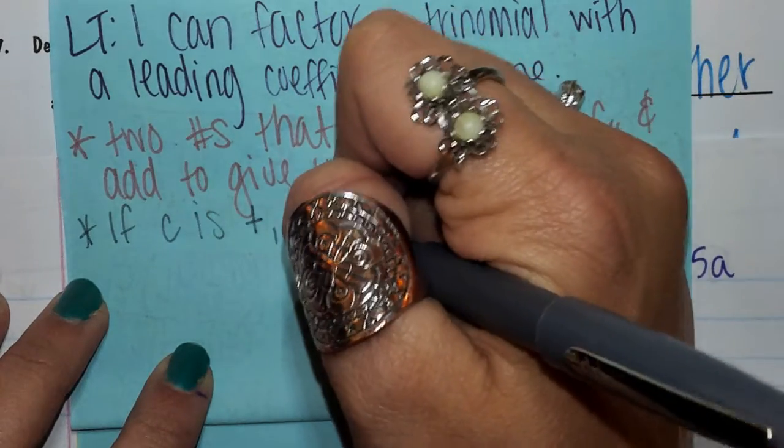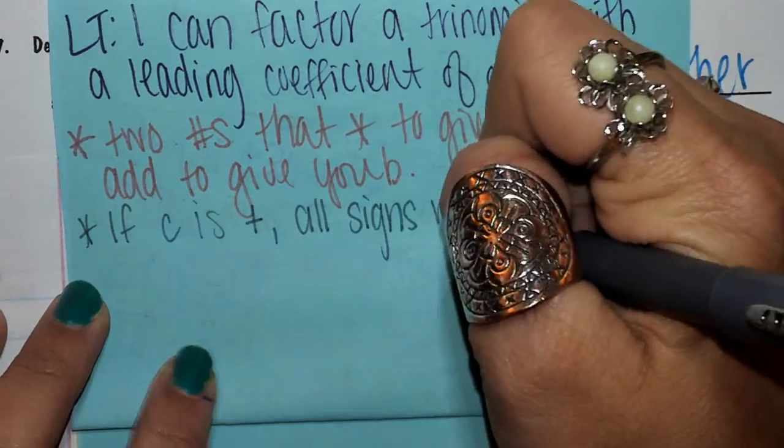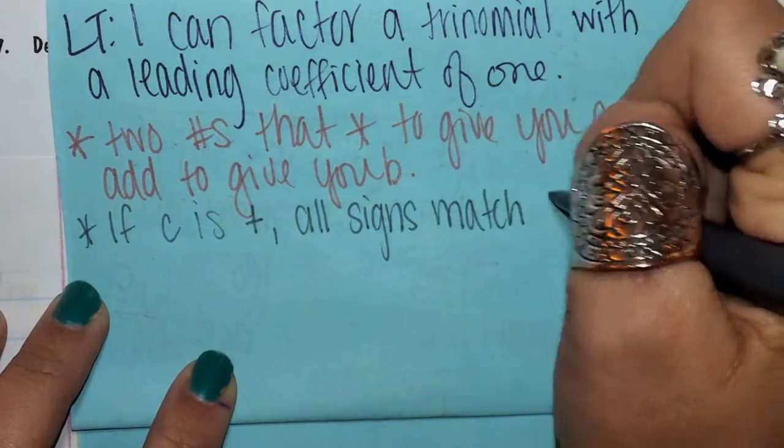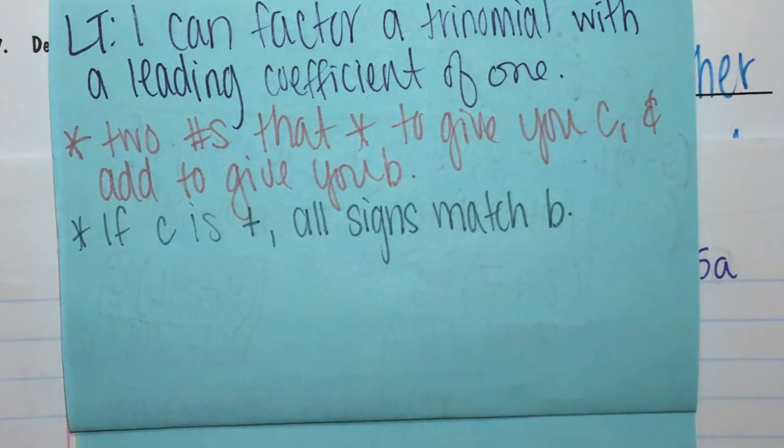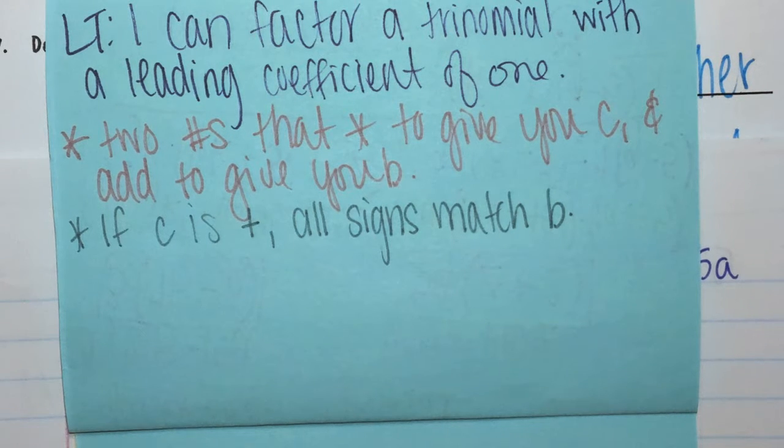So, if C is positive, all signs match B. They're on the board. Okay. Why would I get mad for looking at the board?